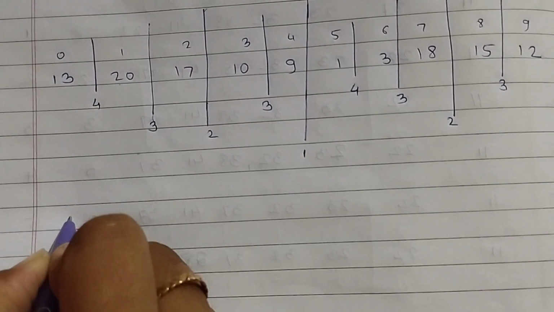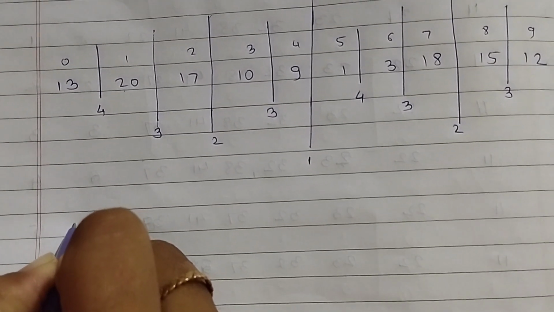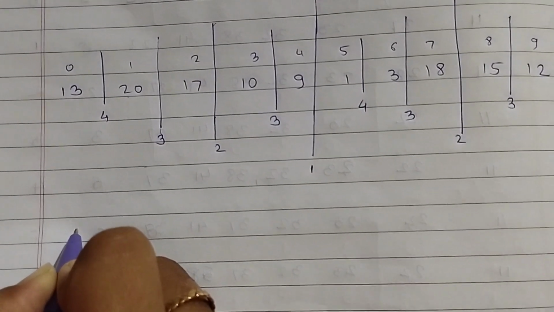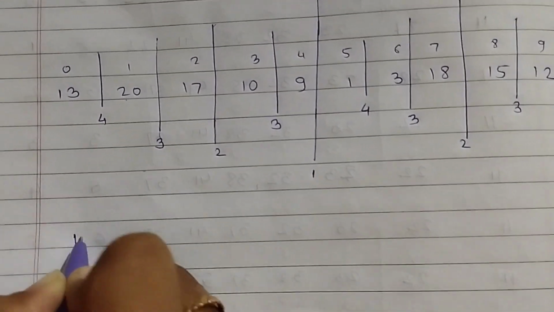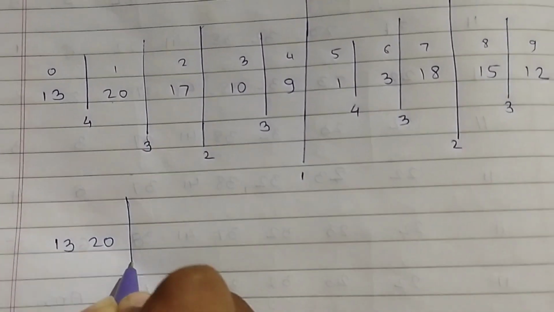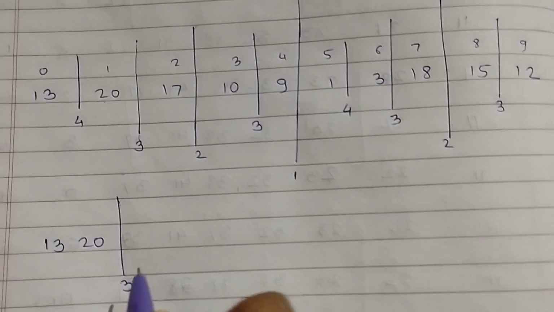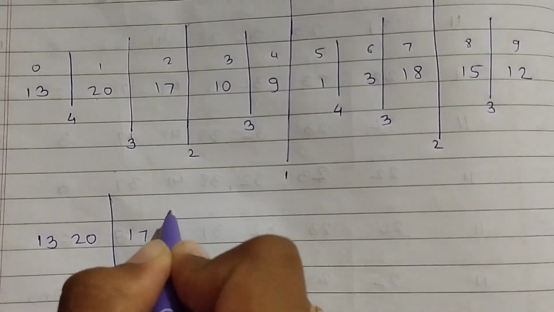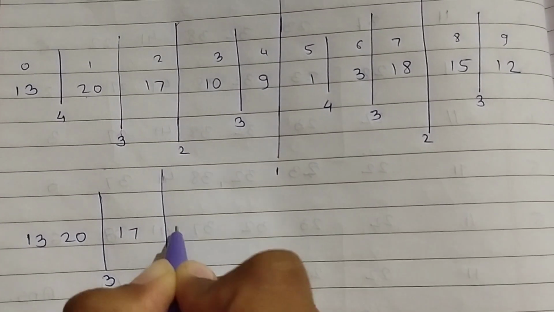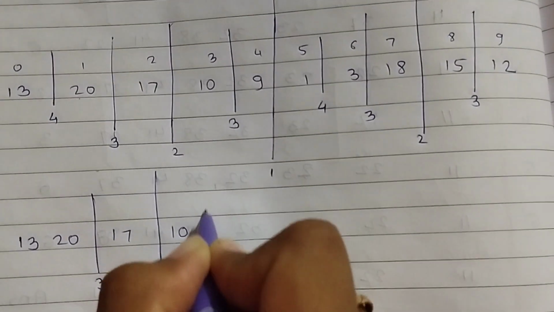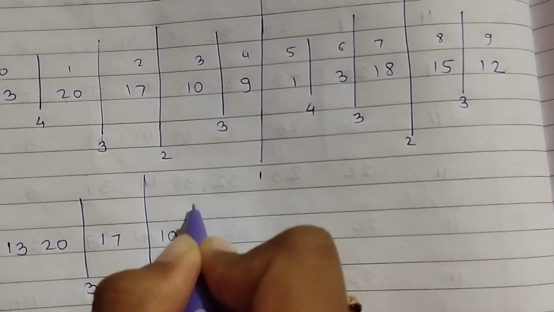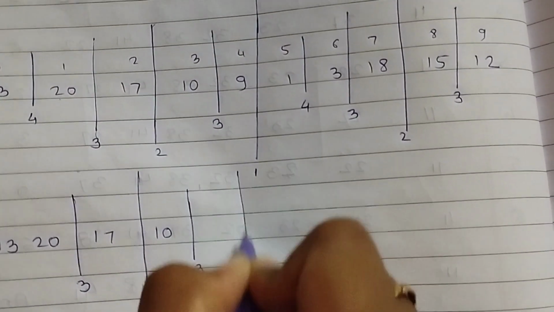No need to swap them because 13 is smaller than 20. So 13 20 stay as it is. Now this third division is as it is, right? All the remaining divisions we don't change, because first we only merge the fourth division, not the third or second one.